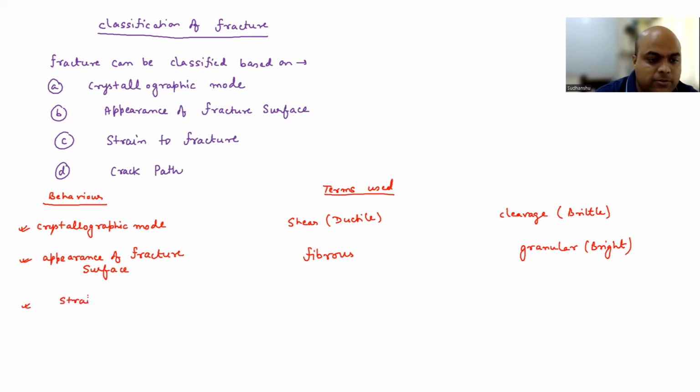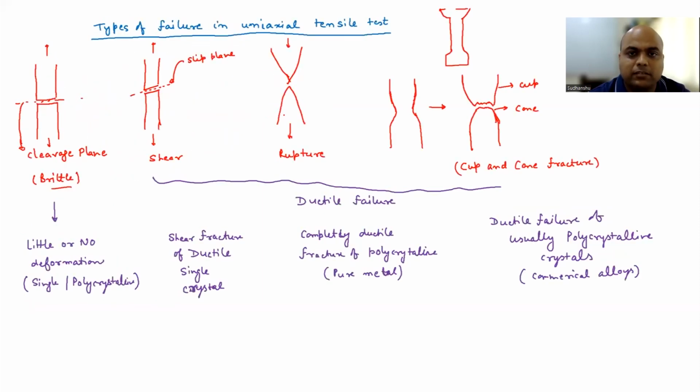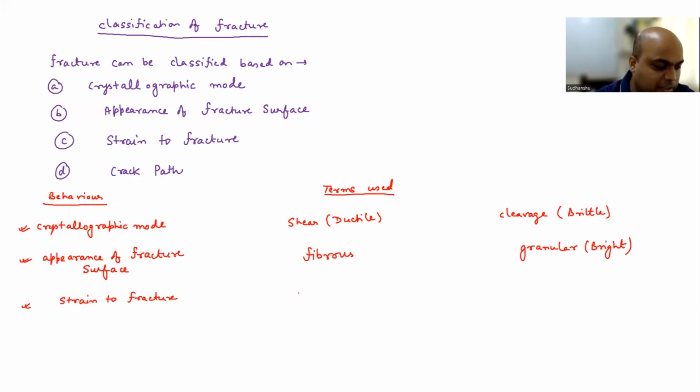Third is strain to fracture or strain to failure. If you remember, I drew a stress strain plot, and you know that if strain to failure is small, then it will typically lead to the brittle one, and if it is very, very large, it will typically lead to the ductile one. That is the characteristic, if you remember this particular plot here, right? So same thing. That is what I mean by strain to failure. If it is ductile, then large amount of plastic deformation.